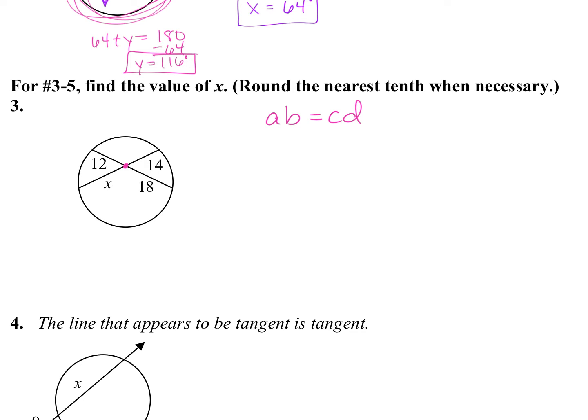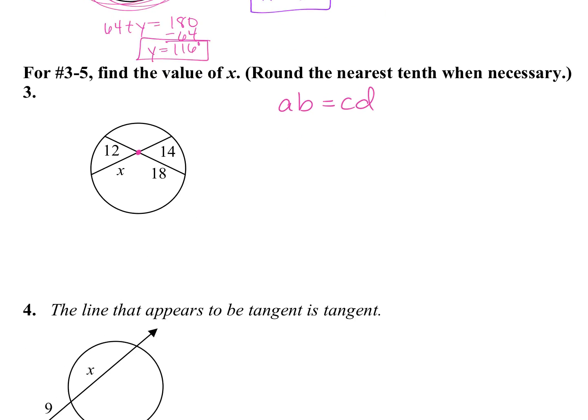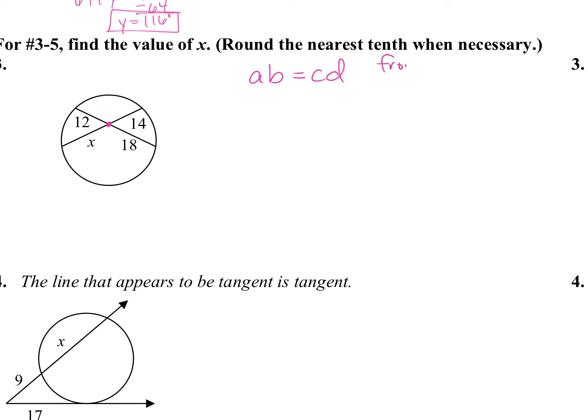But the idea you have to remember with these is you want to go from the point of intersection to the circle twice, right? From the point of intersection to the circle, and then from that point of intersection to the other side of the circle, okay?